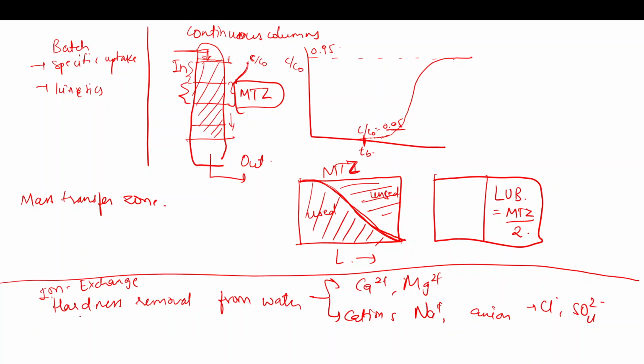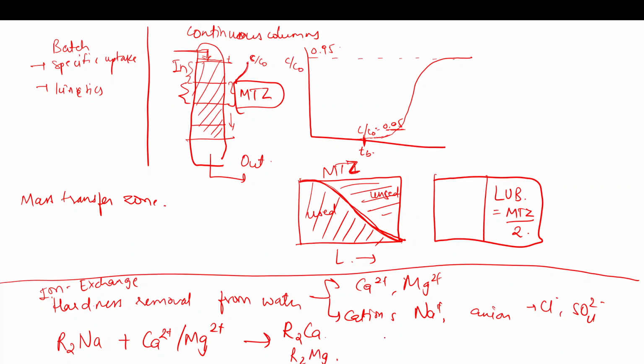So I'm writing just the example of reaction which can happen. For example, if you want to remove the hardness, then you can use such type of ion exchange resin, which will be reacting with Ca2+ or Mg2+ to give you R2Ca or R2Mg, right?